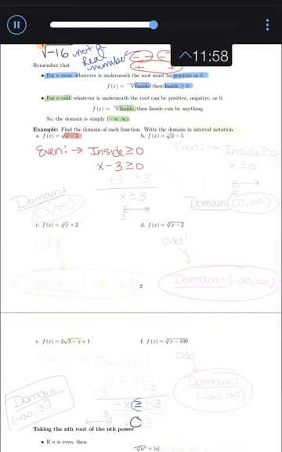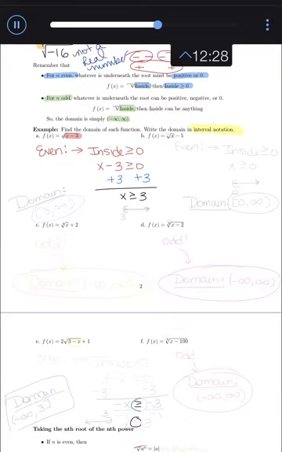Meaning we don't get negatives. Well, this is why we covered solving inequalities a long time ago. How do you solve this inequality? You'll add 3 to both sides, and we get that x is greater than or equal to 3. Remember, we have to put our domain in interval notation as always, which means brackets, parentheses, infinities, that sort of thing.